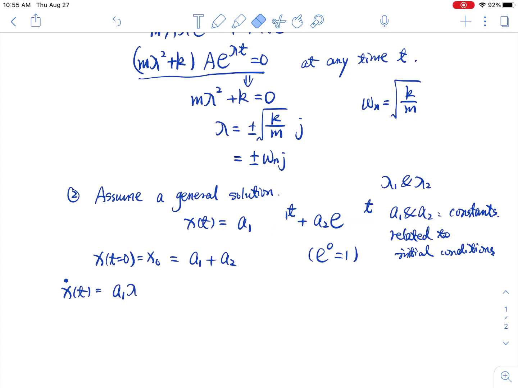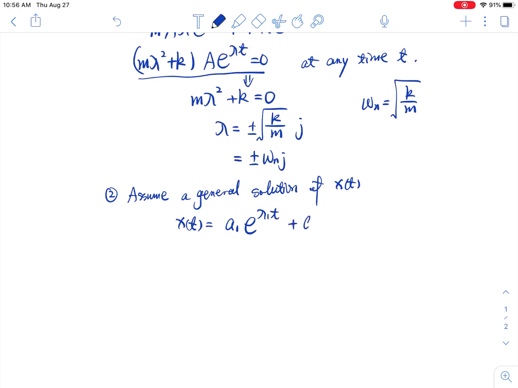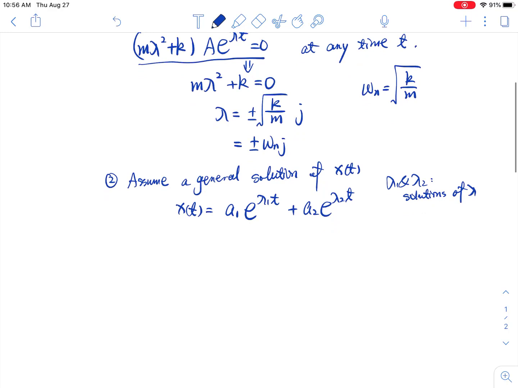So after finding your λ solutions, the second step is we assume a general solution of x(t). So we know that this x(t) is a1 e^(λ1 t) plus a2 e^(λ2 t). So λ1 and λ2, they are two different solutions of λ. We already found them in the previous step.